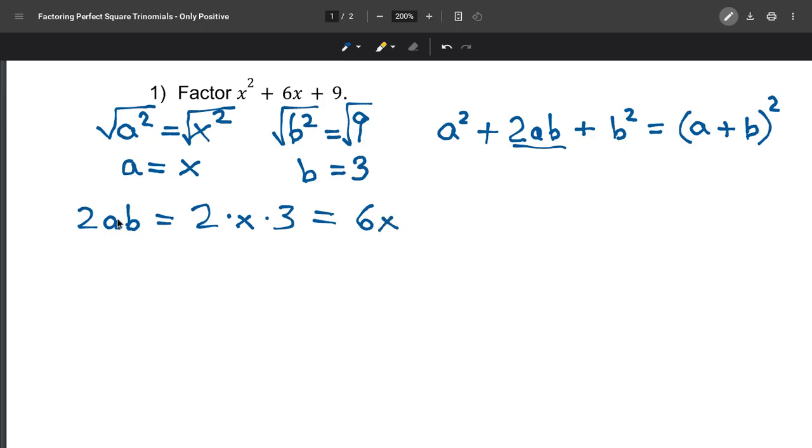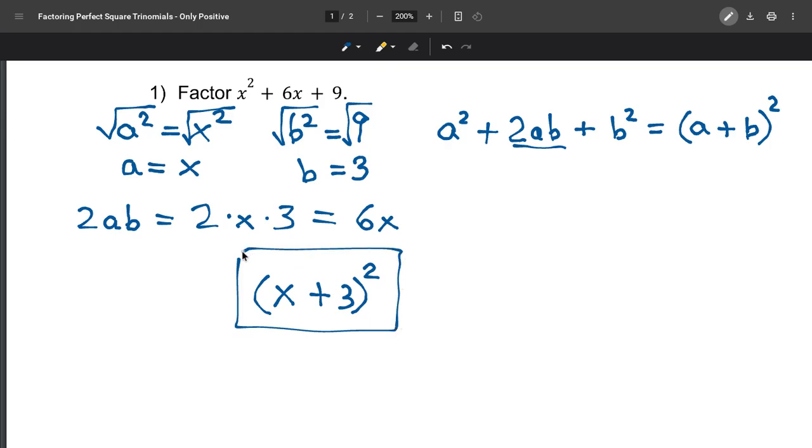So we do have 2ab equal to 6x. So this is a perfect square trinomial. So this is going to factor a plus b squared, or x plus 3 squared. So the factored form here is x plus 3 squared. Okay, and that's my solution.